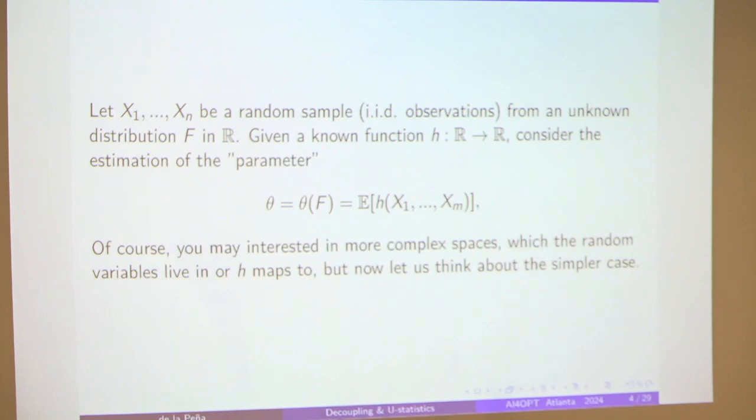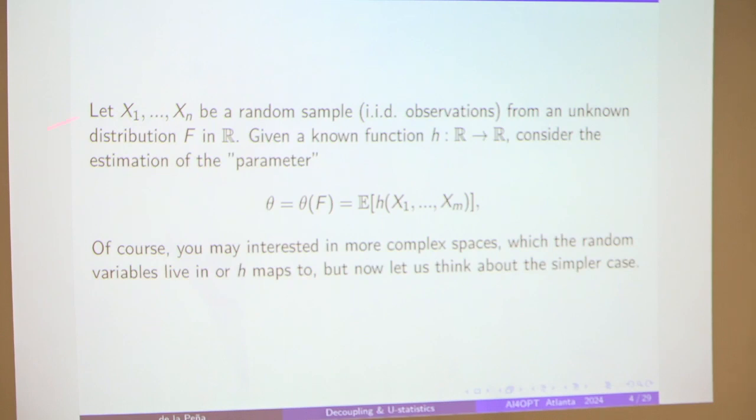Okay, so what is a U-statistic? Let's take a sample of independent variables. They don't really have to be IID, but independent. For simplicity, we are going to work with IID observations from an unknown distribution.